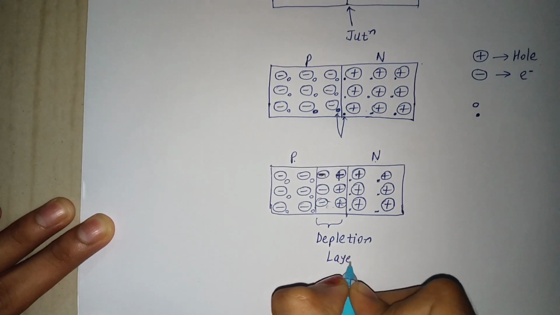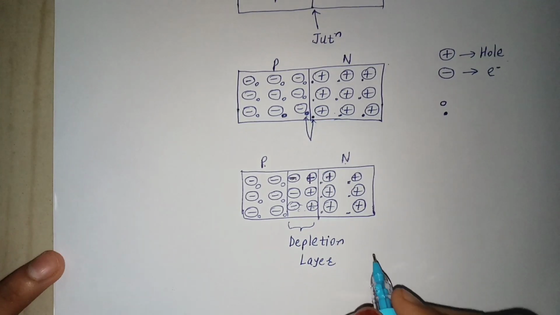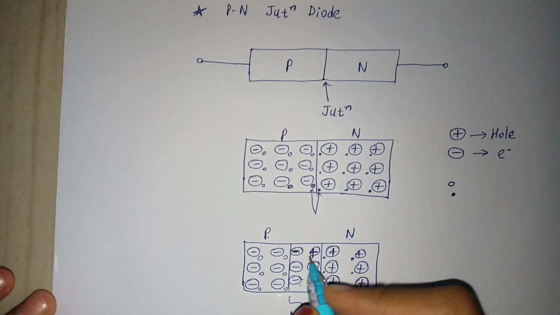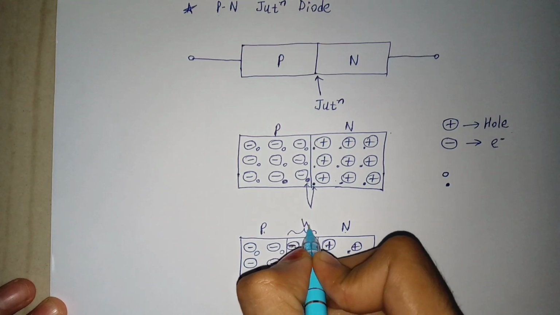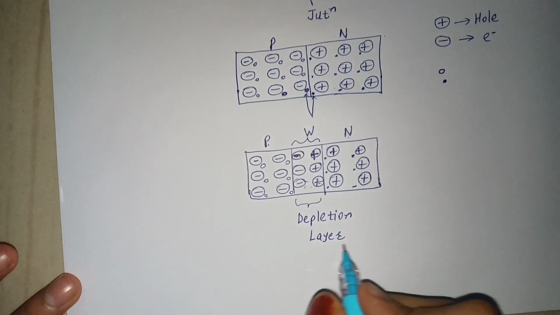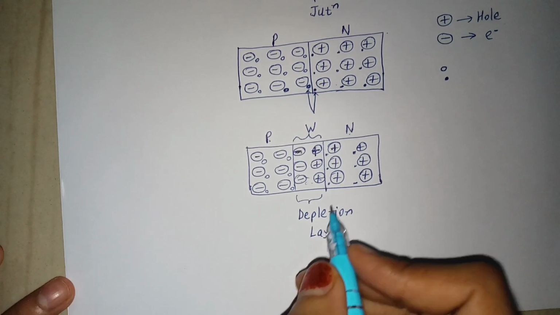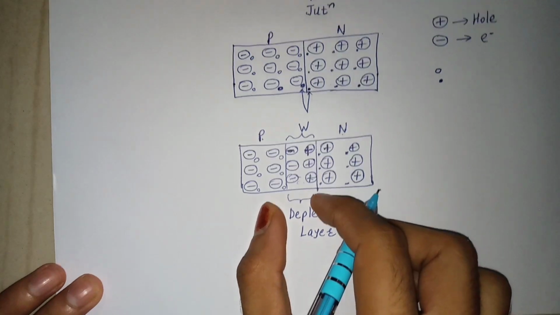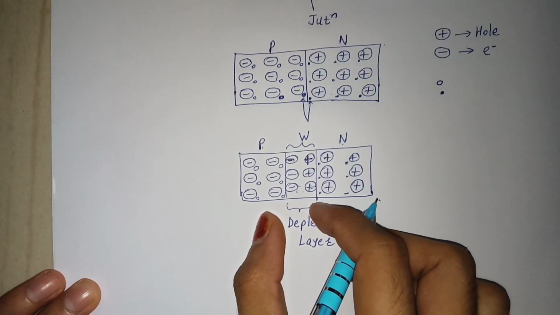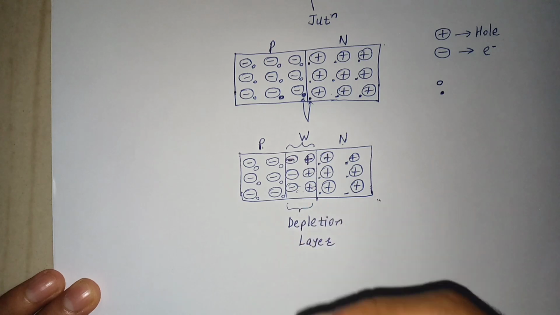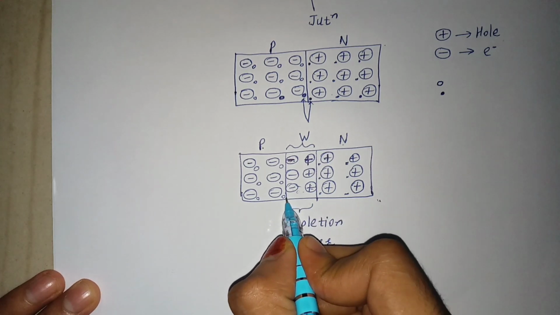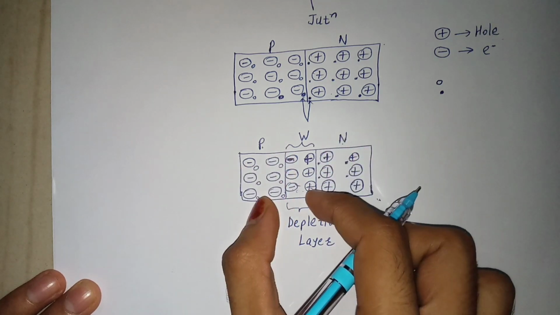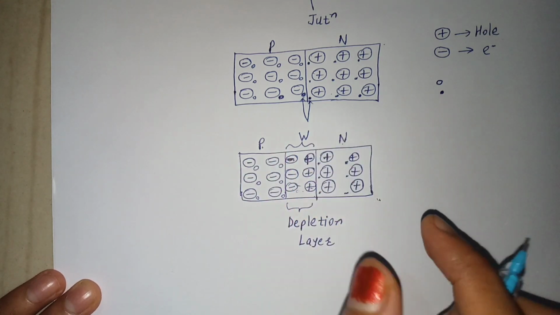The depletion layer or depletion region is denoted by W. And as there are positive immobile and negative immobile ions, a covalent bond is formed. As we know, static charge always produces an electric field. Here a static charge is produced between p-type and n-type, therefore it produces an electric field.